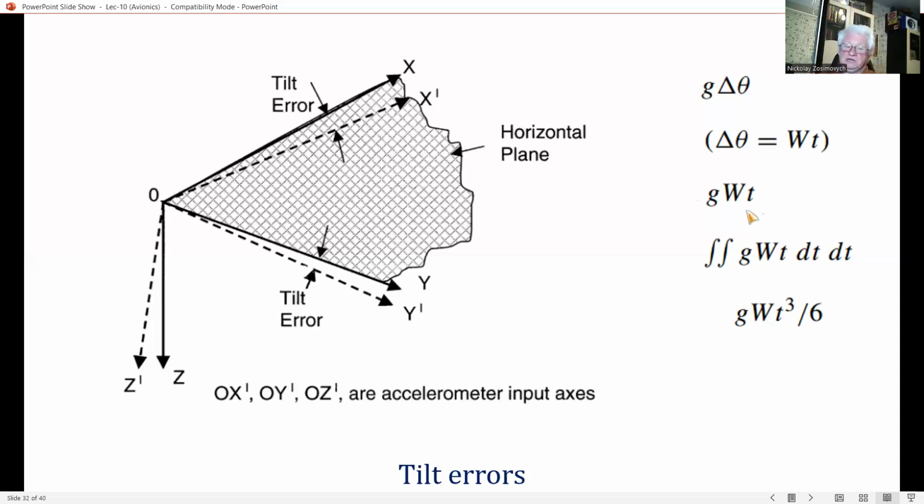And this results in a distance error by means of this next integral, yes? And that gets us g times W times t cubed over 6. The distance error in this case is proportional to the cube of the time. And we can see this from the last expression, right?